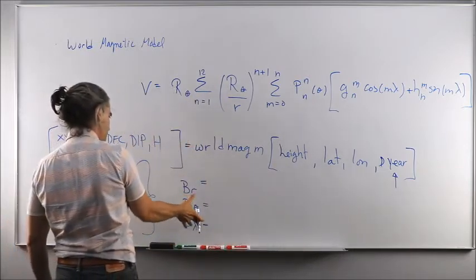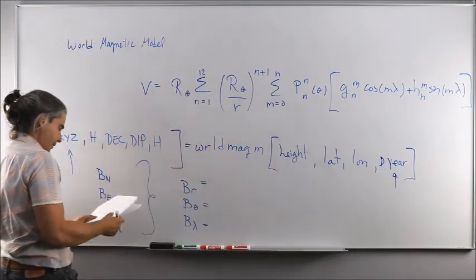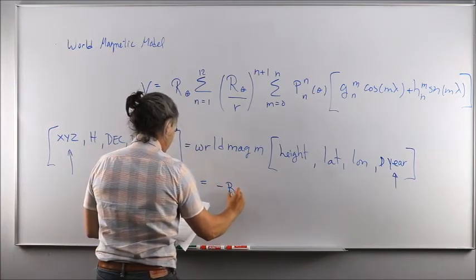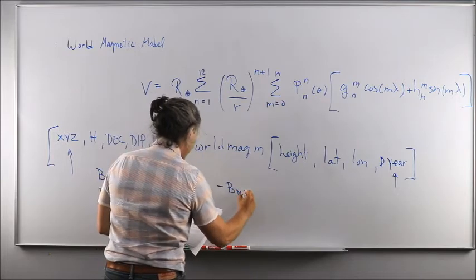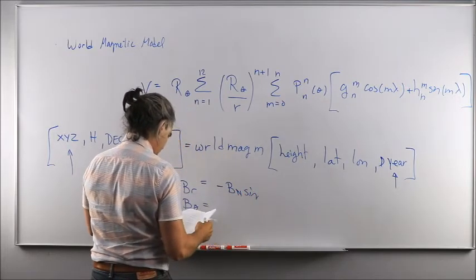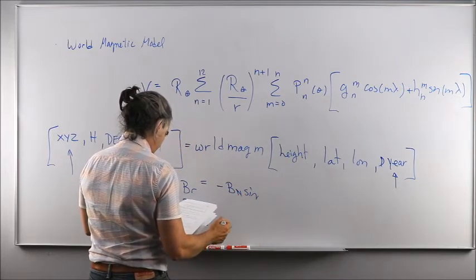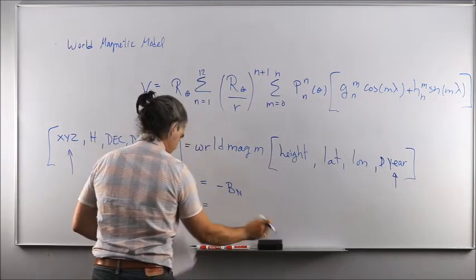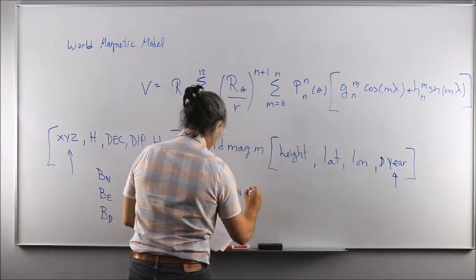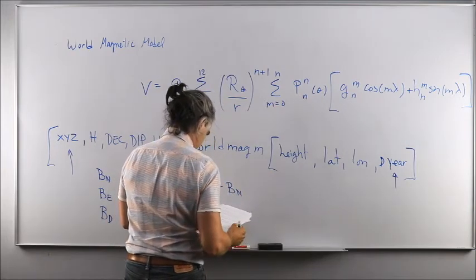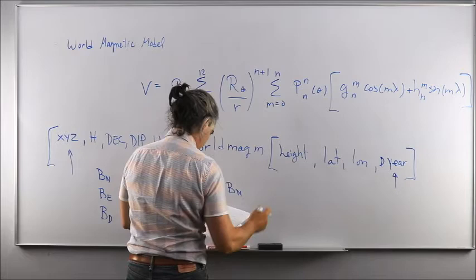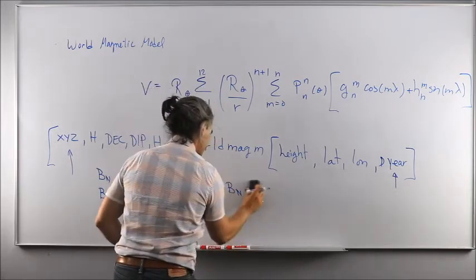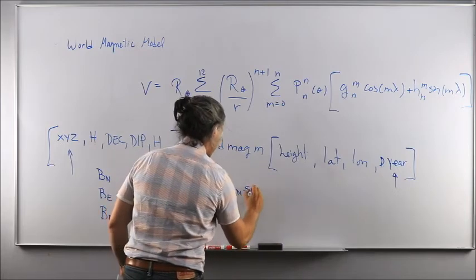And the conversion between that reference frame and NED is such that when you expand everything, you're going to get minus Bn sine of epsilon. Now I'll show you how to calculate epsilon.